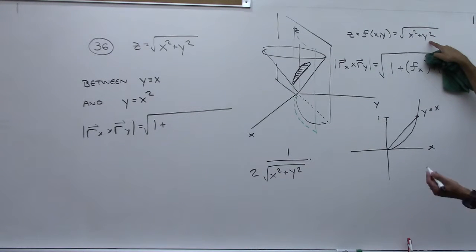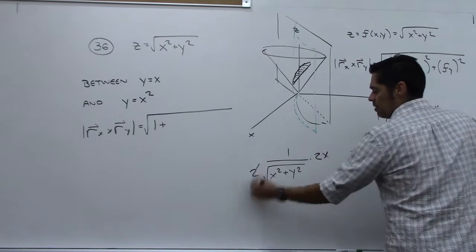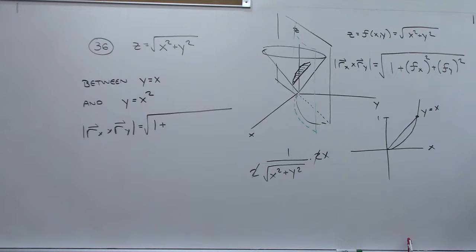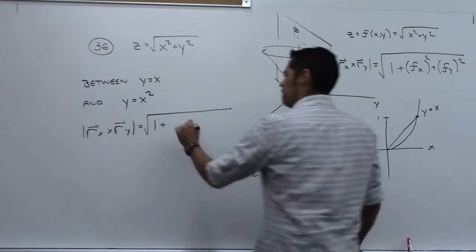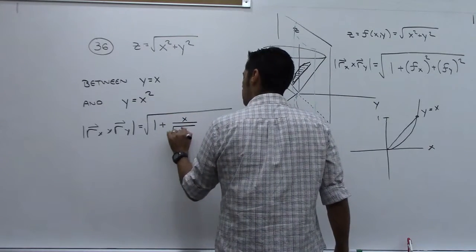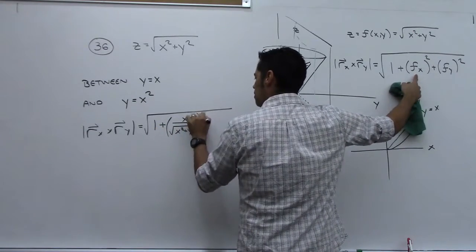With respect to x here is 0, so you get 2x plus 0. So this is times 2x. The 2's cancel, and you just get x over root x squared plus y squared. So that's going to go right here, x over root x squared plus y squared. That's this, but then squared.